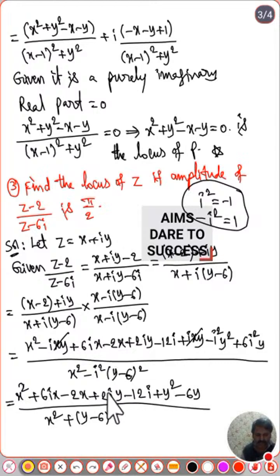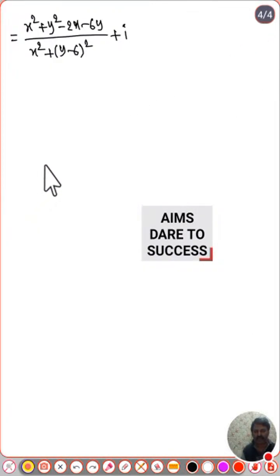So the imaginary part is 6x plus 2y minus 12, after taking i common, divided by x square plus (y minus 6) whole square.